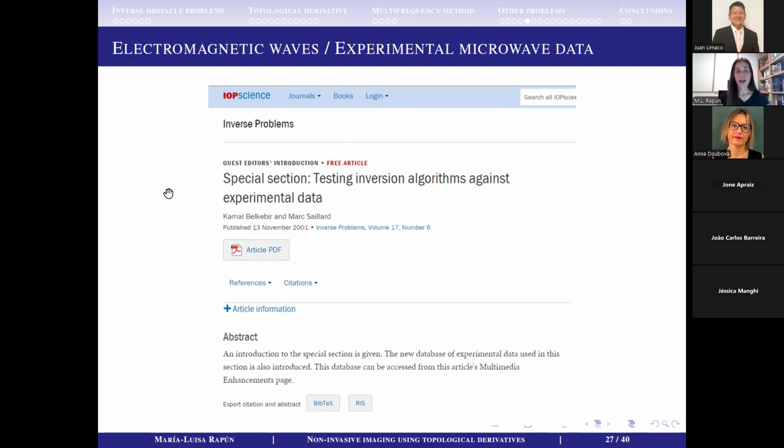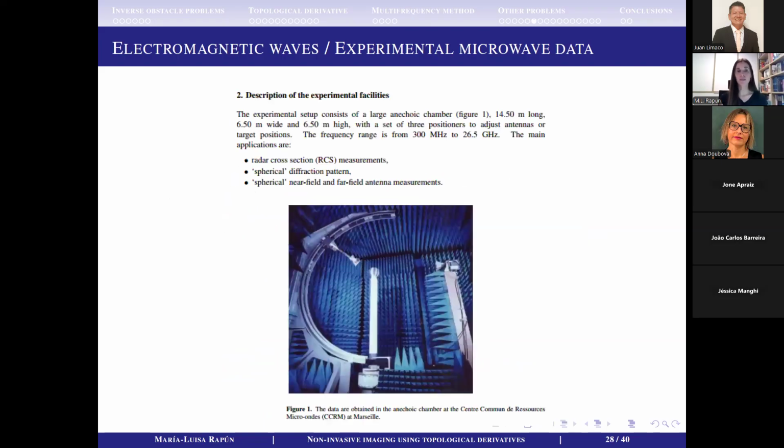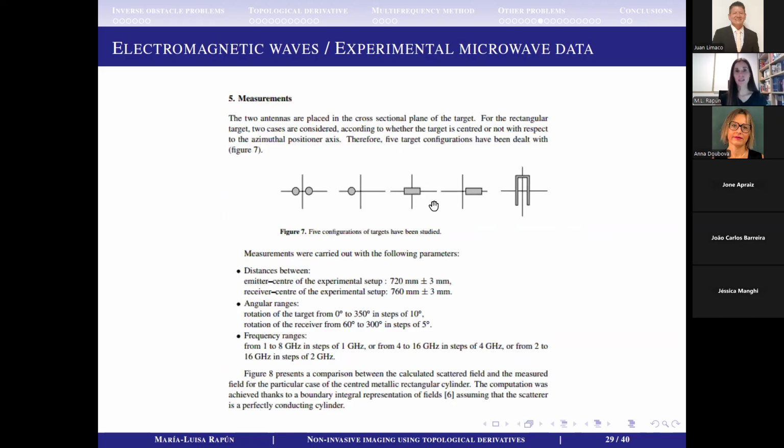And as you can see here in the journal, there is a lot of information about how the experiments were carried out in their laboratory and what kind of effects they considered. So there are some different kinds of objects, and also information about where the receivers are, where the targets are located, and what frequencies were used.